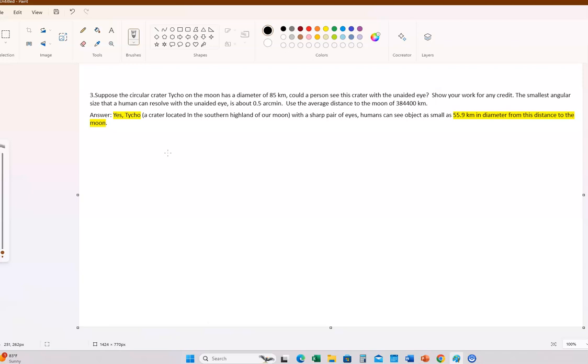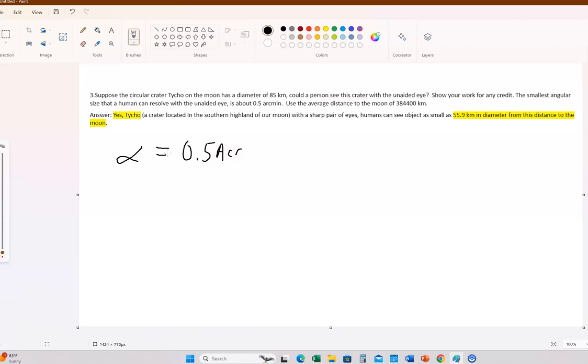Now, in the equation that I just showed you a moment ago, alpha actually has to be in degrees. Here it's given to us as 0.5 arc minutes. I'll write it like this: arc minutes.